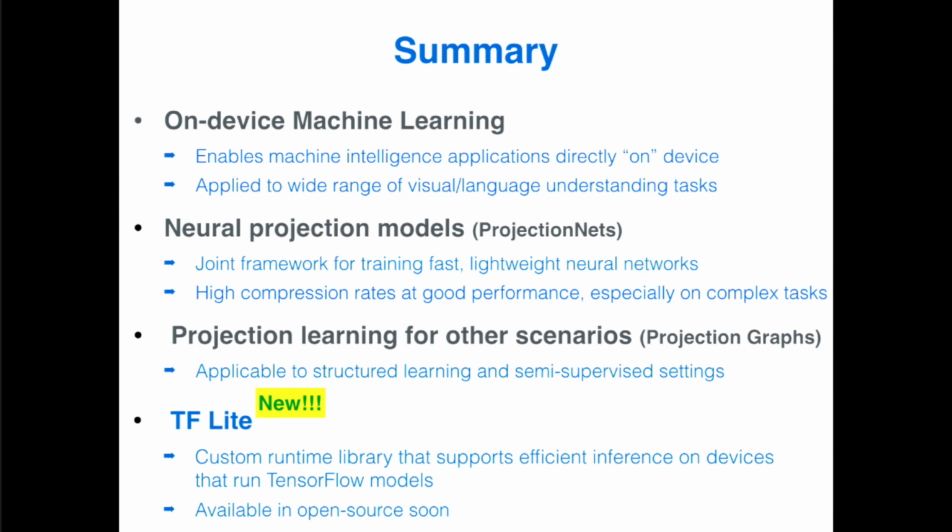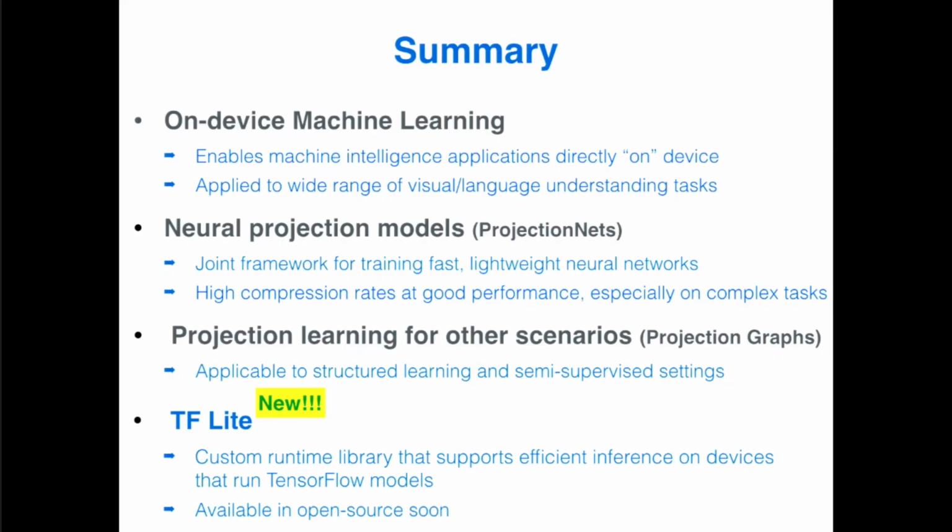Because compute is not free. Your watch is definitely way slower than some machine on the cloud. Obviously these will all get better and better, but if it gets better, can I do more with less? That's the idea. And I introduced this neural projection idea and how it can be extended to other scenarios.